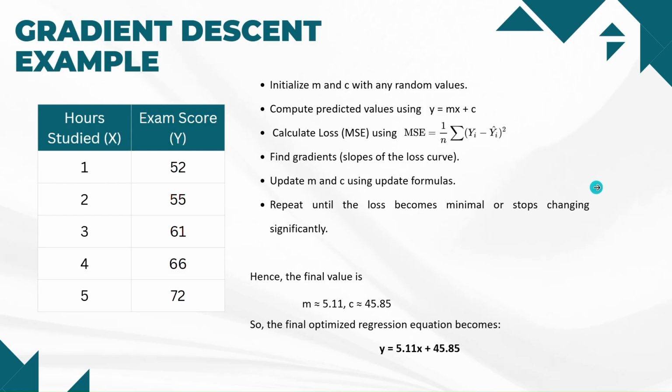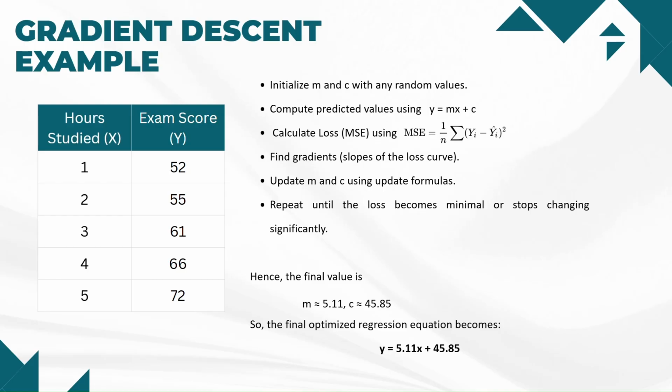So let's see an example of gradient descent. We have the same example as we took previously, which is hours studied in x and exam score in y. Following the method of gradient descent, we initialize the values of m and c, and calculate the value of y using the regression equation. We found the MSE using the formula 1/n summation (y - ŷ) whole squared.